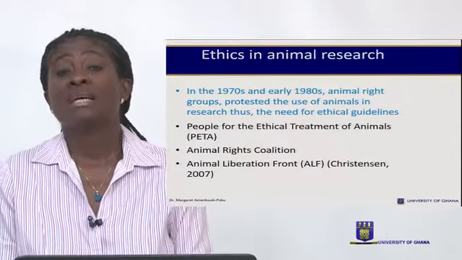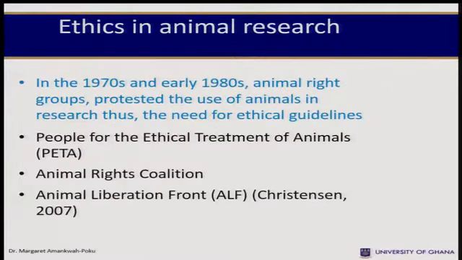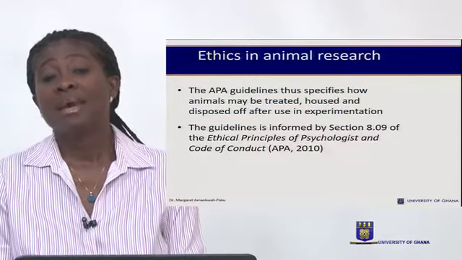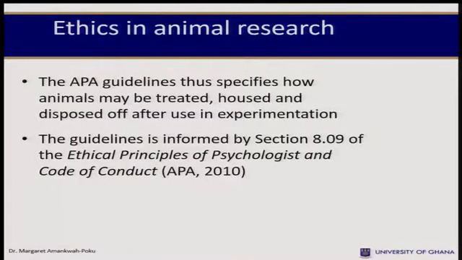As a result of that, in the 1970s and early 1980s, we had animal rights groups emerging. And these are some of the animal rights groups that emerged. Based on that, we had the ethical guidelines governing the use of animal subjects in research.